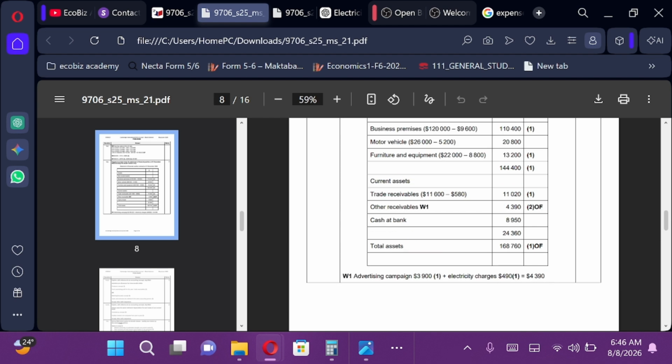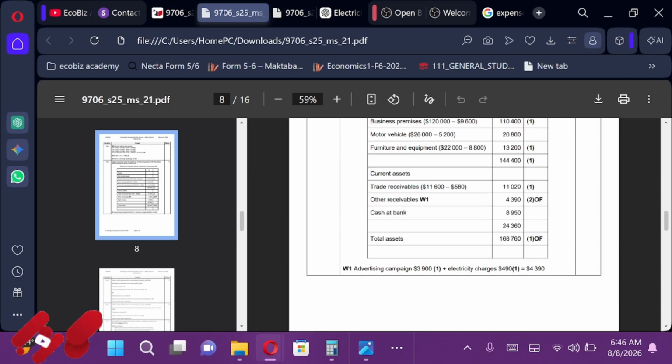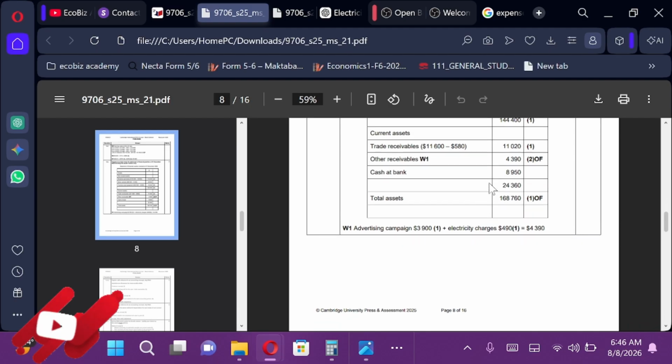So for trade receivables, we quickly take 11,600 minus 580 to get this amount. This is actually only 1 mark for some reason.